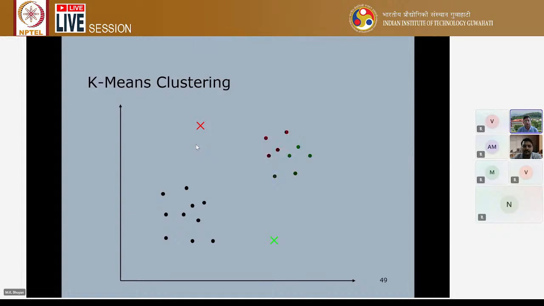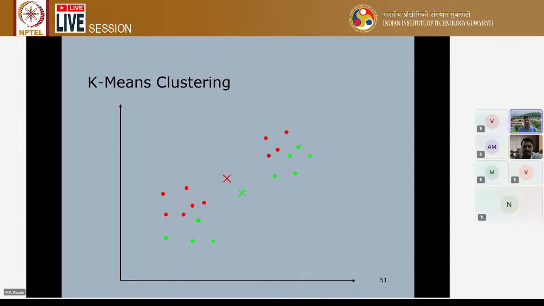So I'm assigning these points to the red cluster, and these green points are assigned to the green one, because the distance is minimum. For this, we are considering the Euclidean distance.